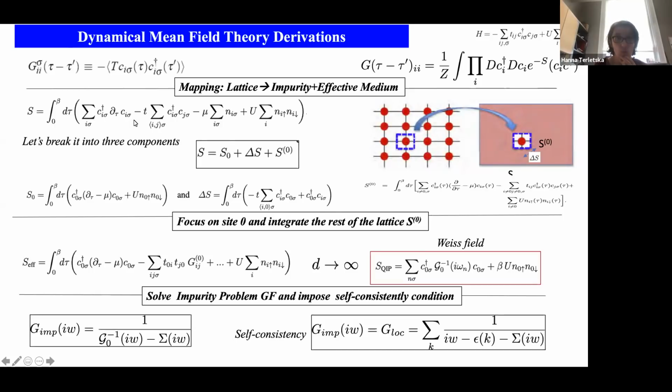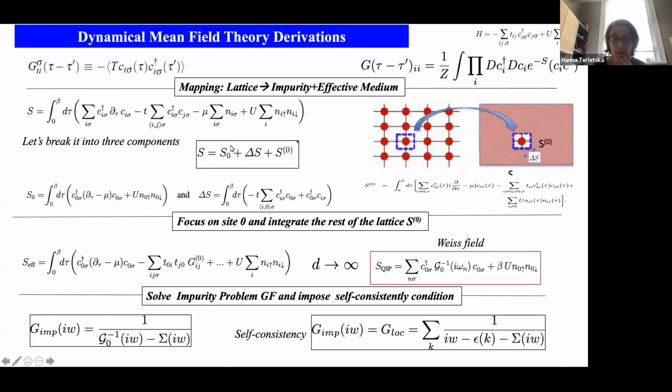But our goal is to map, like we did in the static mean field, the lattice quantity into the impurity embedded in an effective medium. To accomplish this, we break the lattice action S into separate terms.